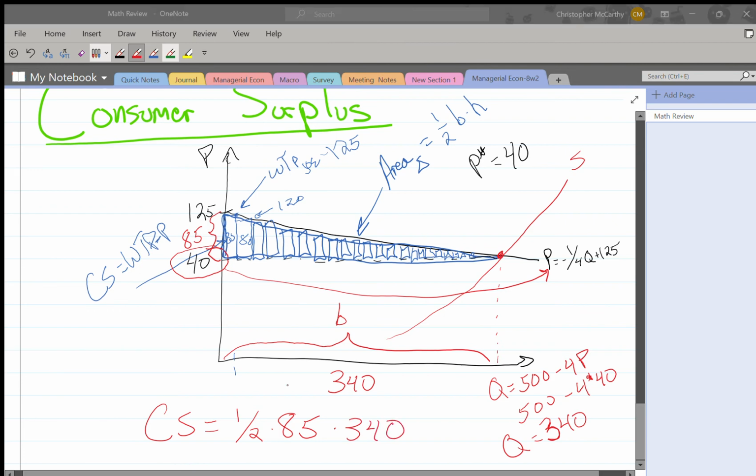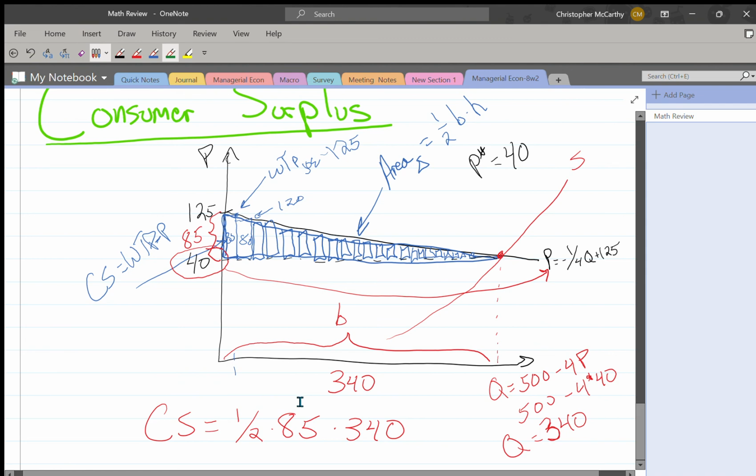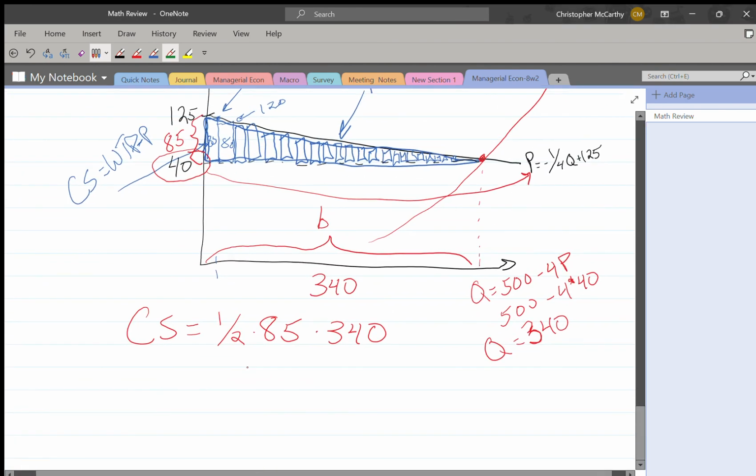And when we do the math on that, we end up with $14,450.